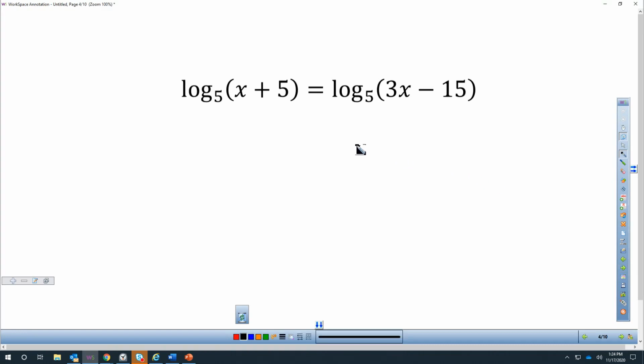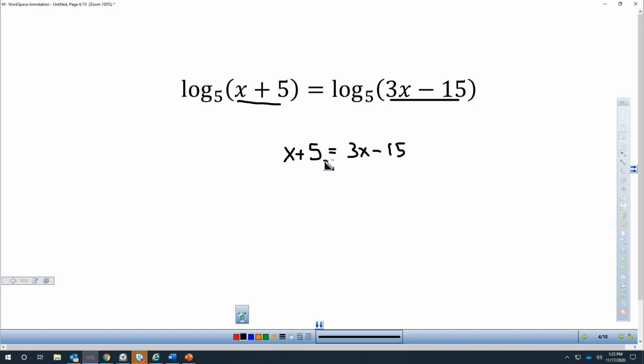Here's another example. So we have log base 5 of x plus 5 is equal to log base 5 of 3x minus 15. So using our equality principle, because the logs are the same base, the only way they can be equal is if these two things are equal. So we have x plus 5 is equal to 3x minus 15.